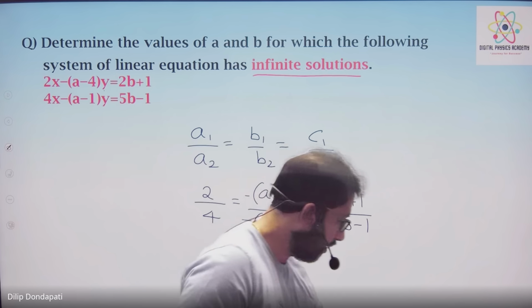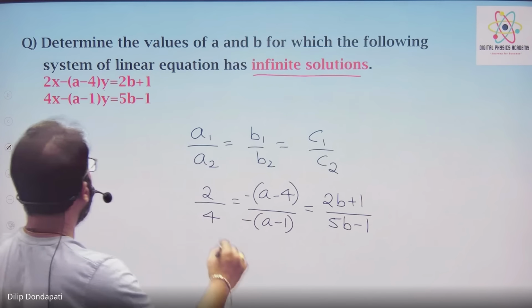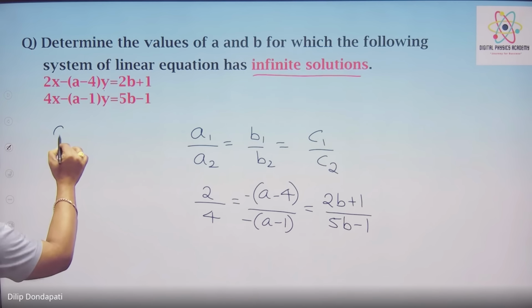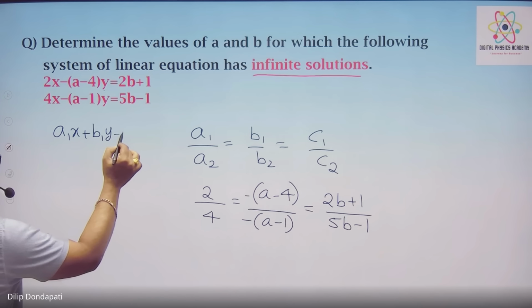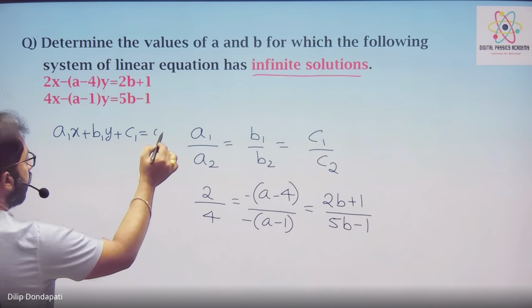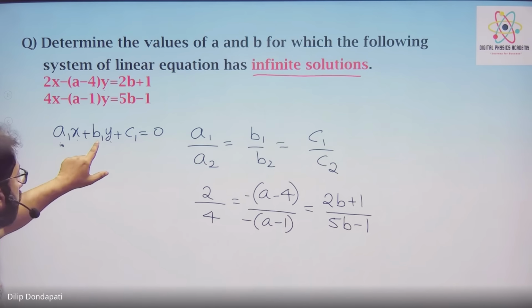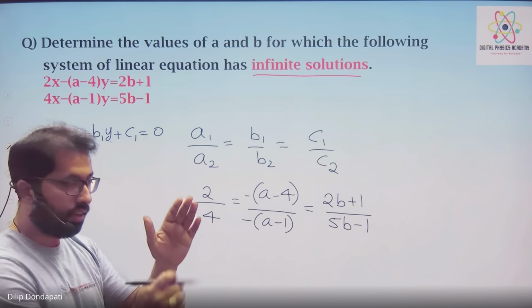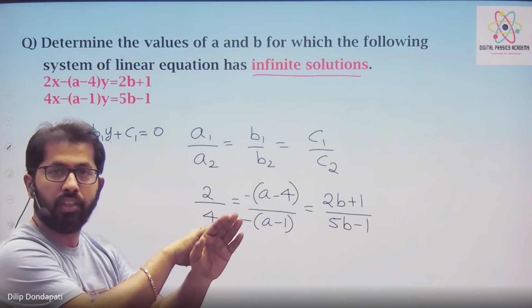Sir, I didn't understand B1. See, A1x plus B1y plus C1 equals 0, right? What is the coefficient of x here? A1. Similarly, what is the coefficient of y? B1. Coefficient means if you leave the variable, the remaining part beside it is the coefficient.